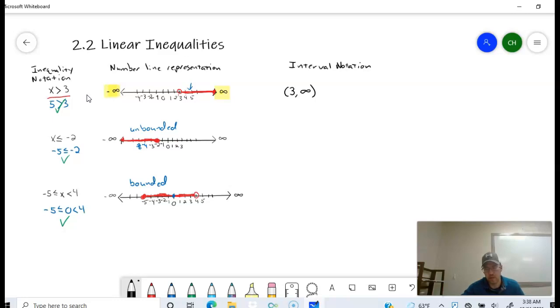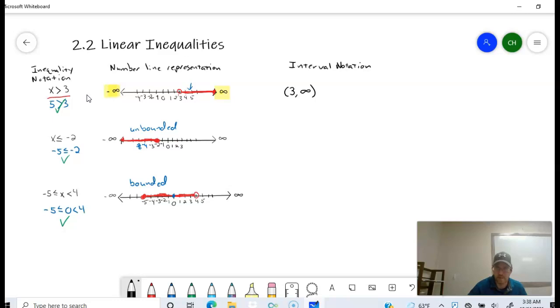Similarly to the open circle I used on this one because it didn't include 3, I'm going to use parentheses on the bounded end. The unbounded end where it goes to infinity is also going to be parentheses.